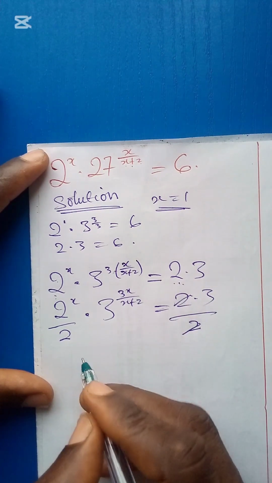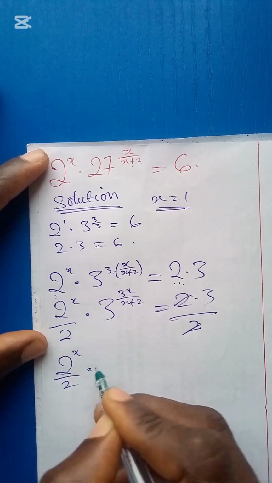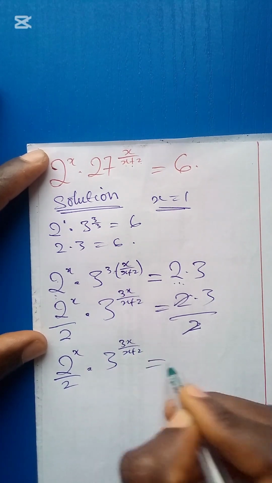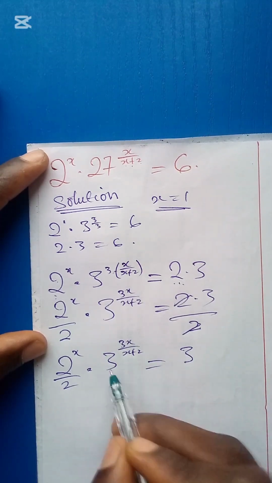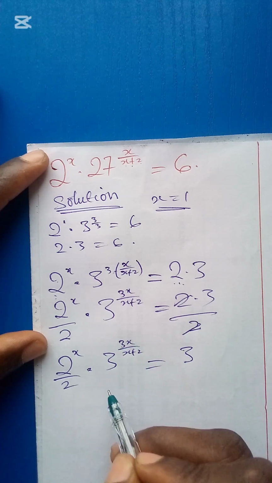So having done that, we now have 2 to power x over 2 times 3 to power 3x over x plus 2 is equal to 3. The next thing is to divide both terms by this, that is 3 to power 3x over x plus 2.